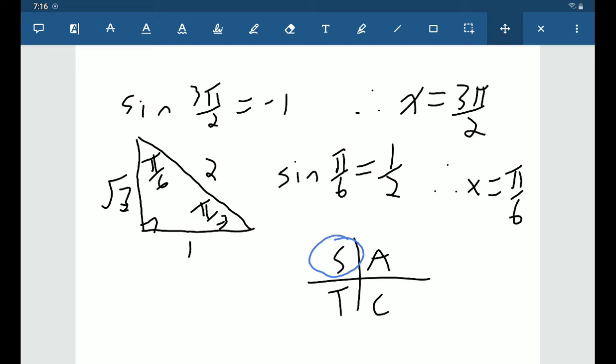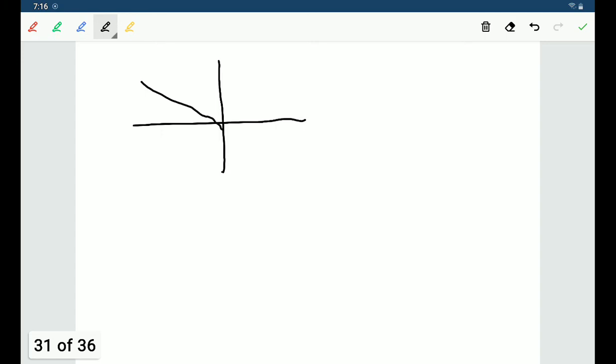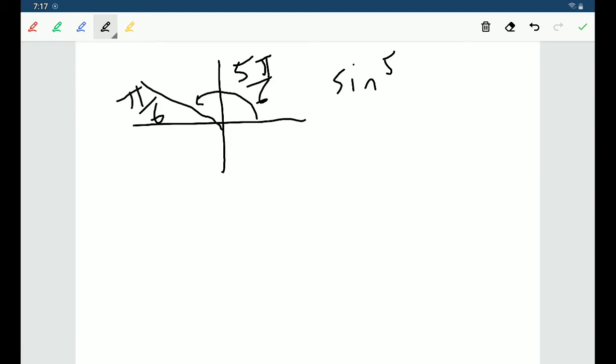We know the reference angle is going to be pi over 6. So the angle in quadrant 2 with reference angle pi over 6 should be the angle 5 pi over 6. So we know sine of 5 pi over 6 is also equal to a half, so we can conclude the third value for us is x must be 5 pi over 6.